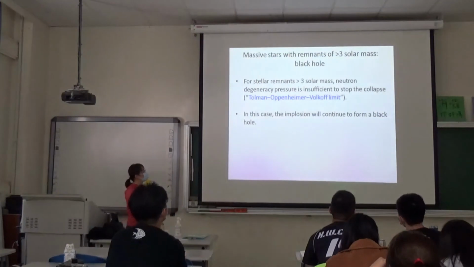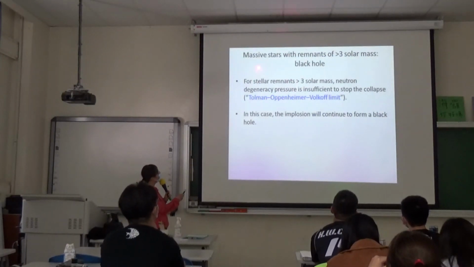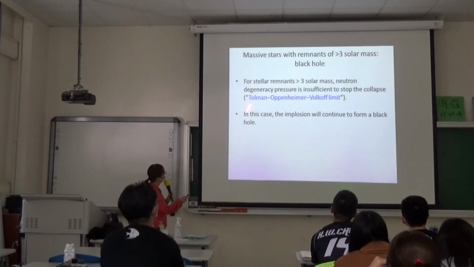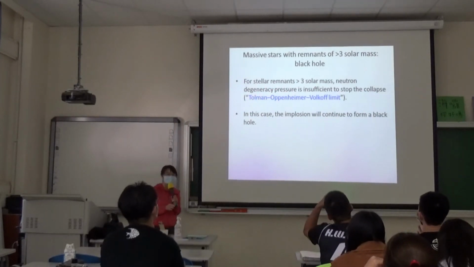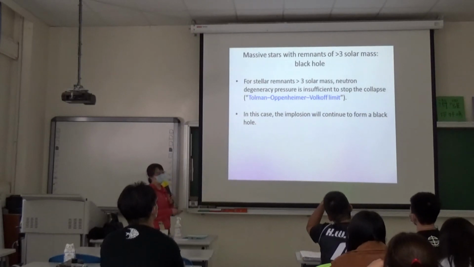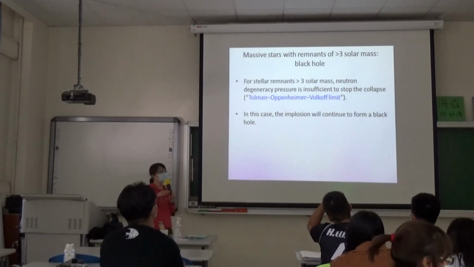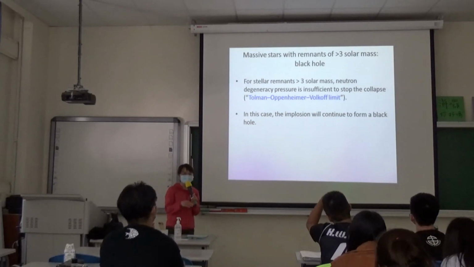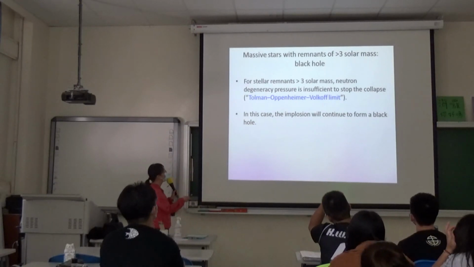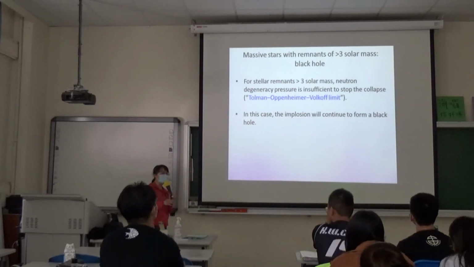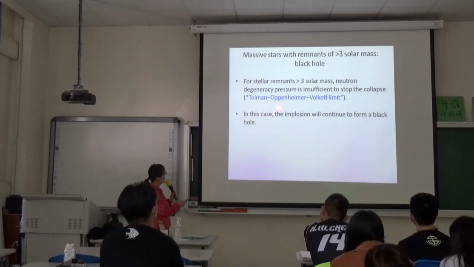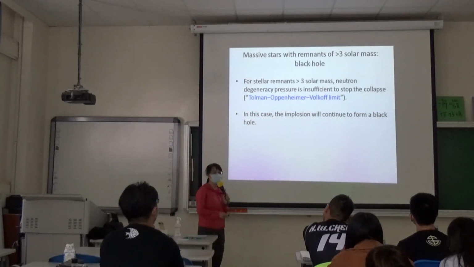Alright, at the end, for a supermassive star with more than 3 solar masses, neutron degeneracy pressure is insufficient to stop the collapse. In physics, they say the collapse already exceeds the Tolman-Oppenheimer-Volkoff limit.